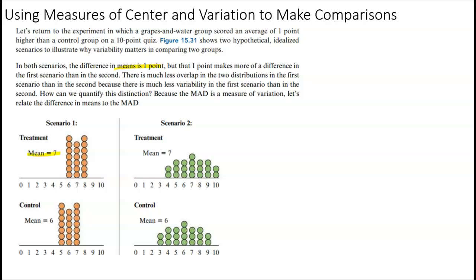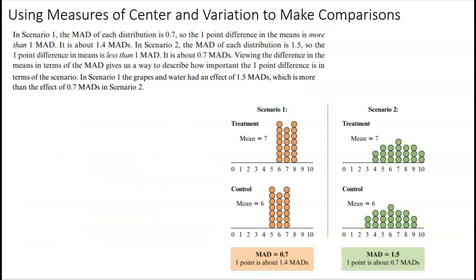So here's the mean, here's the mean. Let's get the MAD. Now we can see in scenario 1, the MAD of each distribution is 0.7. So the 1 point difference in the mean is more than 1 MAD.